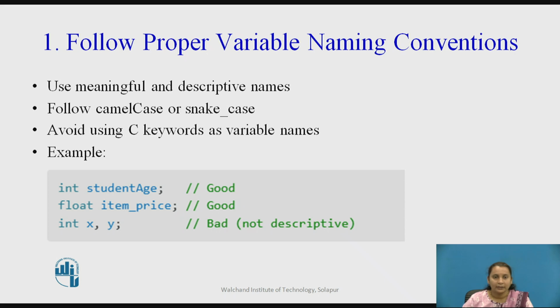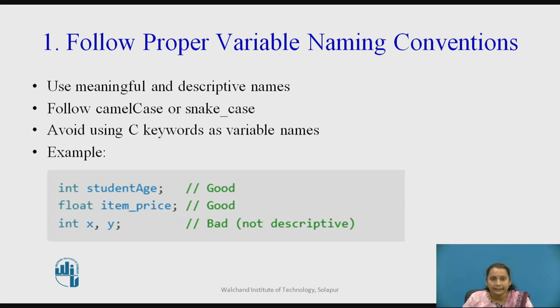These are not syntactically wrong, but when we provide a proper meaningful name to the variable, automatically when we read its name, we understand what we are storing in that variable. Here you can see an example: student age. When we read it, the name itself describes that in that variable we are going to store the age of the student.